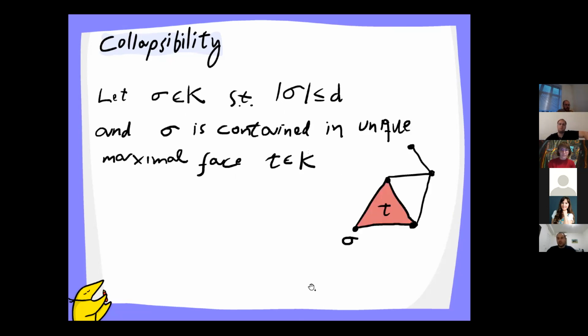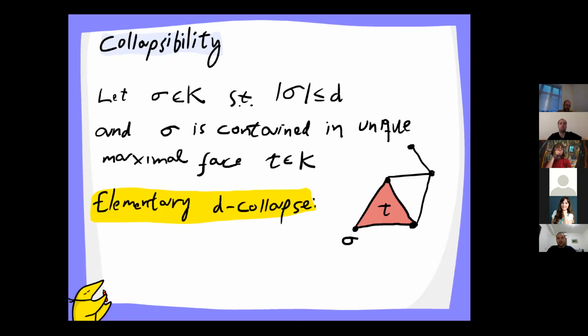For example, here we have sigma, a vertex, contained in the unique maximal face, this triangle tau. Then an elementary d-collapse is the operation of removing from the complex sigma and all of the simplices containing it. So in this case, we remove sigma, we remove tau, and also remove these two edges containing sigma.